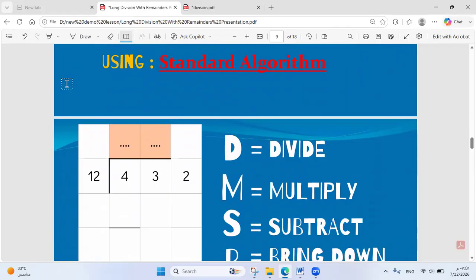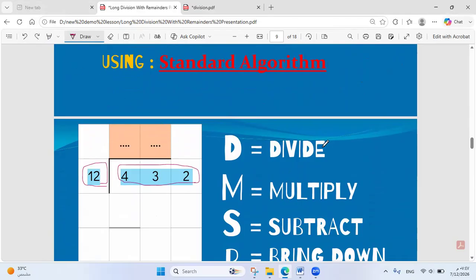The first question here is 432 divided by 12. Okay, so who can tell me the dividend? The dividend is 432, and the divisor is 12. Where is the quotient? The quotient, after we finish, we put it here.